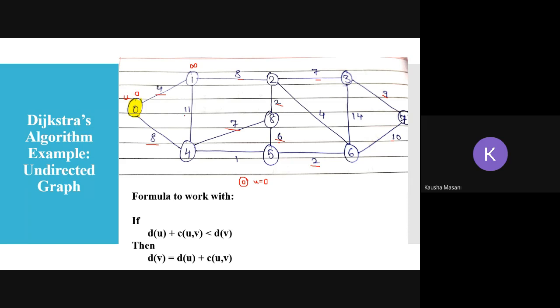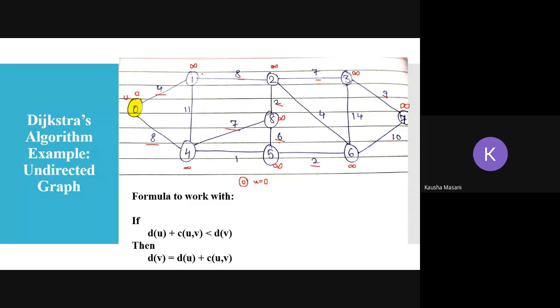For the rest of the vertices, everywhere, write infinity. At source you are going to write 0 because that is your starting point.